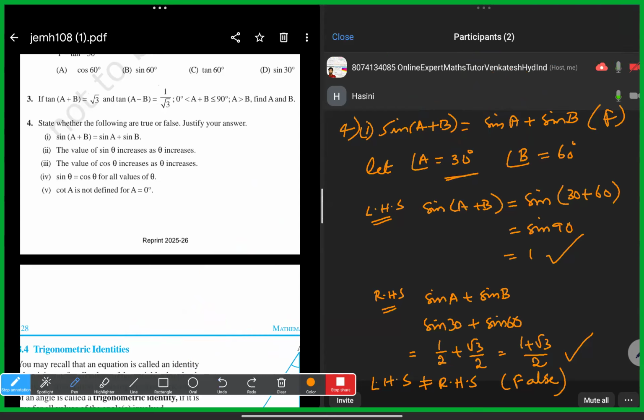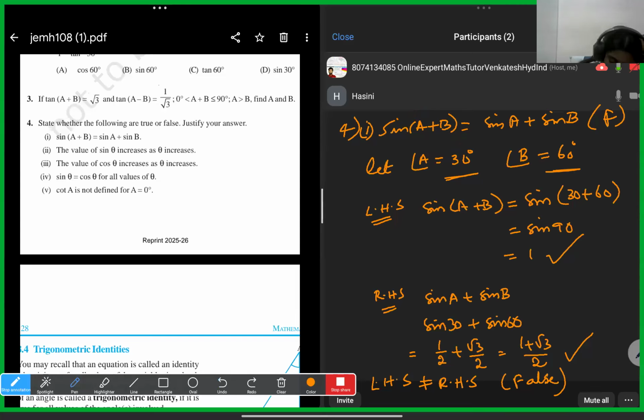Yes, sir. Means for this type of verification in trigonometry, we will prefer angles other than 0 degrees and 90 degrees. And we'll see that the sum, whatever we get, is there in the table for sin.